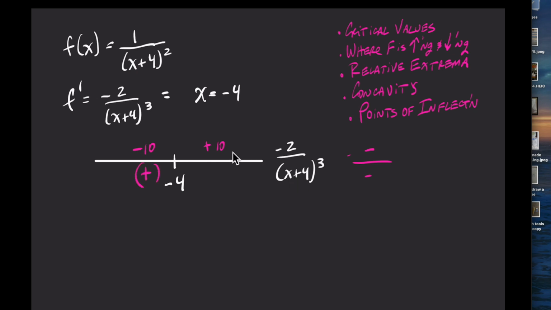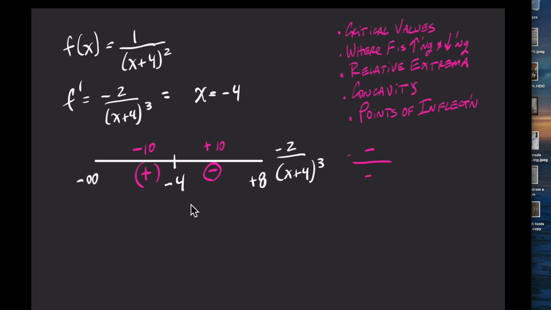And if we put a positive in here, the denominator becomes positive, and the whole function becomes negative. Therefore, we might be tempted to say our function is increasing from -infinity to -4 and decreasing from -4 to +infinity, and we'd be correct in that case.